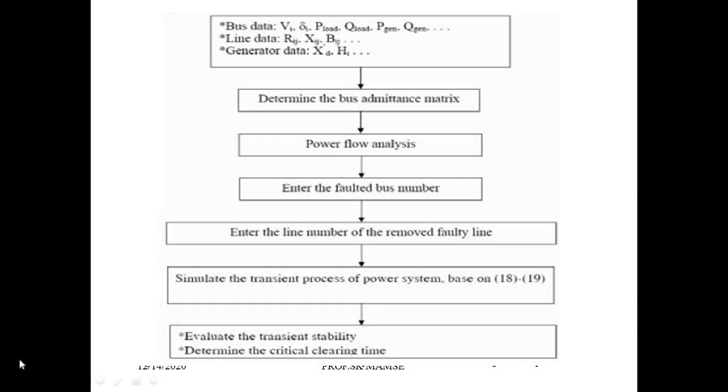Enter the faulted bus number. The next step is to enter the line number of the removed faulted line. The next is a simulation of the transient process of the power system based on equations 18 and 19. The last step is to evaluate the transient stability to determine the critical clearing time.